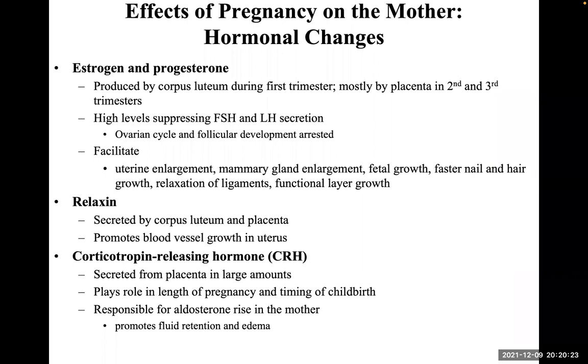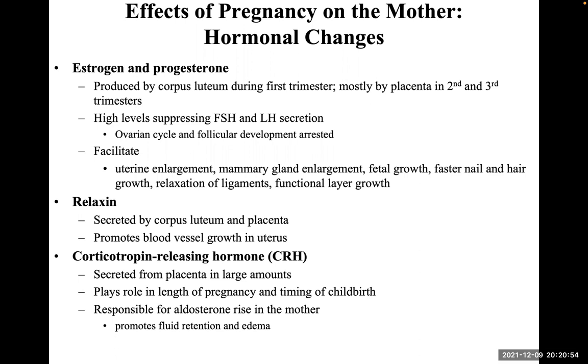Okay, and then when it comes to endocrinology, I do want you guys to know these hormones and what they do with regard to the maternal system and how that helps to support a pregnancy. As we have already talked about, after the first trimester the placenta becomes a temporary endocrine structure that is there to support the pregnancy.